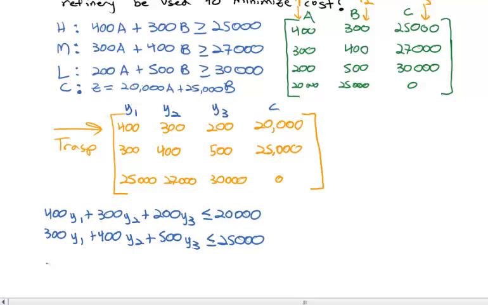And then the last column represents our z, 25,000 y1 plus 27,000 y2 plus 30,000 y3.